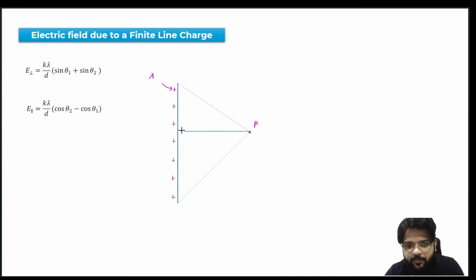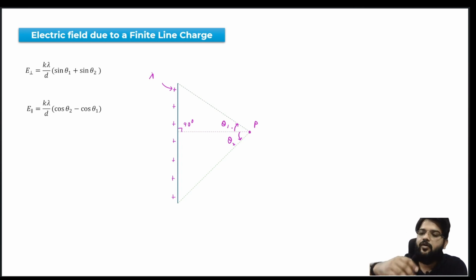So this is the perpendicular, and it is making 90 degrees on the rod. This is the upper angle theta1 and this is the lower angle theta2.